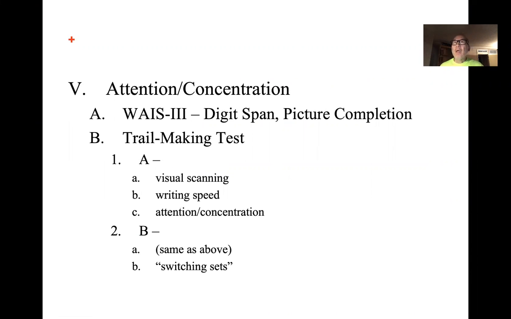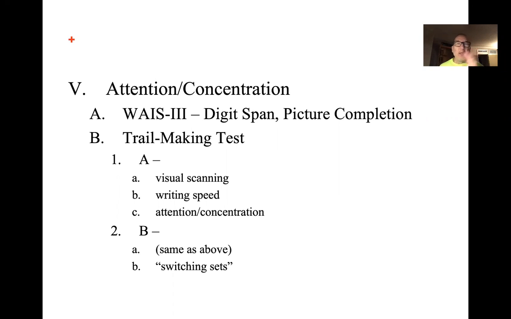Moving right along. The other bunch of tests, individual tests, you may administer as a neuropsychologist are tests of attention and concentration. Okay, so the difference between the two is attention refers to your ability to kind of focus or connect or take in information automatically, right?